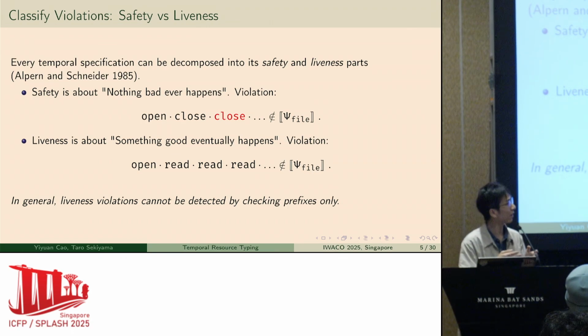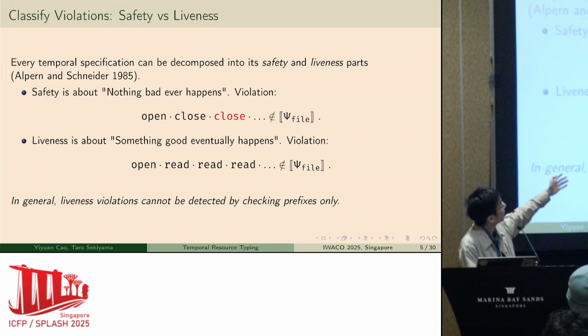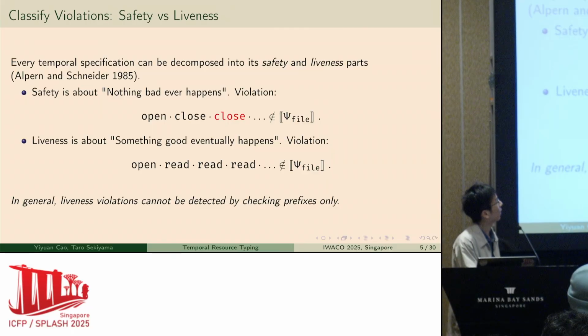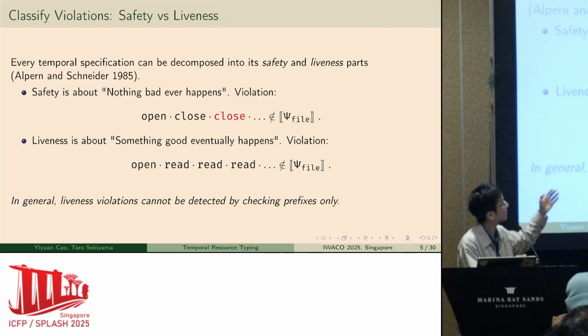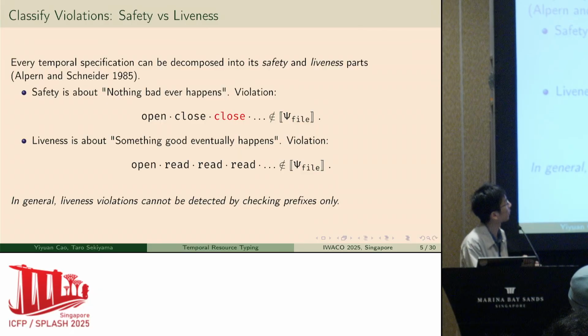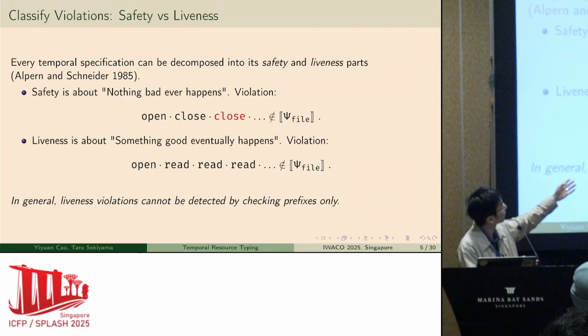So there are two kinds of violations when we program with resources. The first kind is that at some point, you invoke an invalid operation leading to a bad state, or more technically, you produce an irrecoverable bad prefix with respect to the file usage specification. Here, if you open the file and close it twice, it is a safety violation.